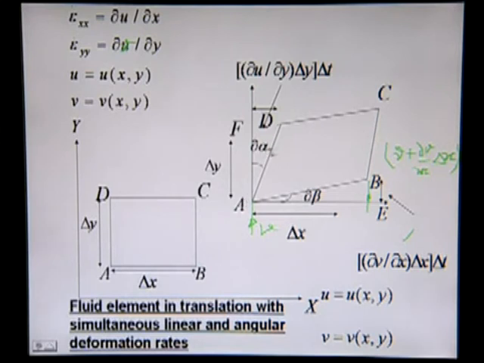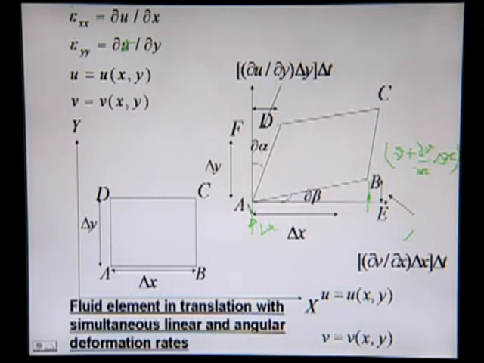Similarly, what will happen to point D? This point D will have linear deformation as well as angular deformation. This linear deformation will be equal to del v over del y, and the angular deformation is measured with the help of this distance, because this particle D will move in x direction because of the velocity in x direction.